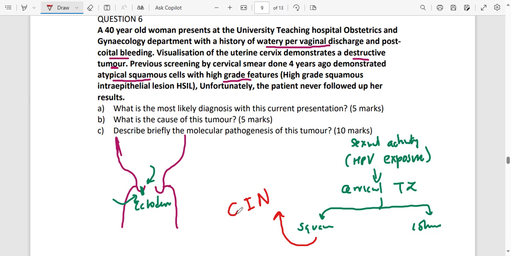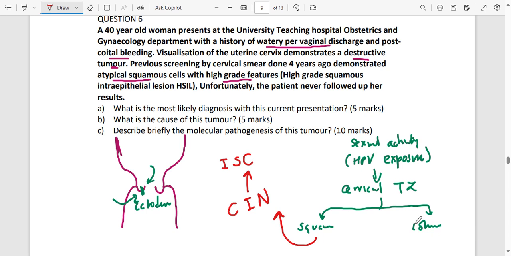And then when someone has got a cervical intraepithelial lesion or neoplasm, it is going to lead to cervical cancer. Specifically, that cancer, because it's affecting the squamous cells, is known as invasive squamous cell carcinoma.